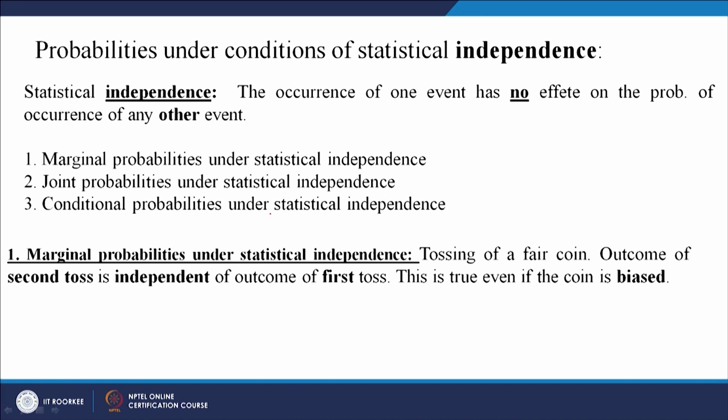Now, before going on to the probabilities under statistical dependence and statistical independence, let me summarize what we have done in today's session. We have looked at several concepts related to probability. We have seen what is an experiment. Experiment is basically a process which gives us different outcomes.